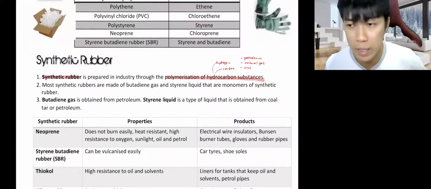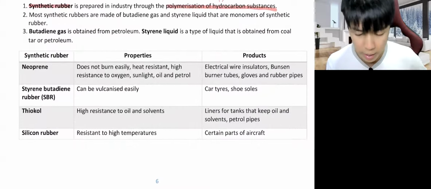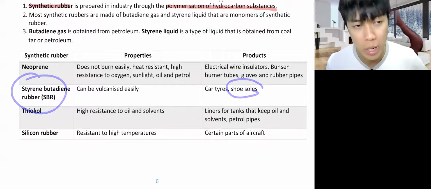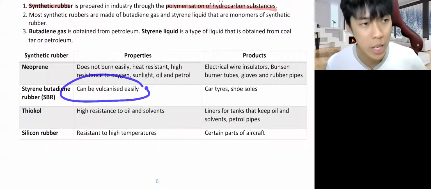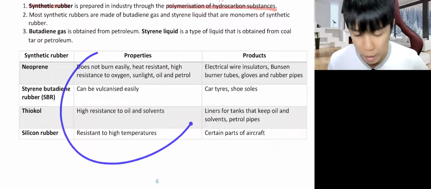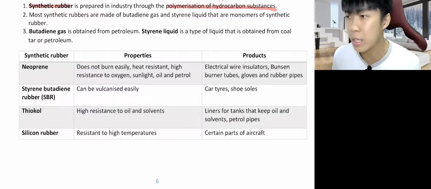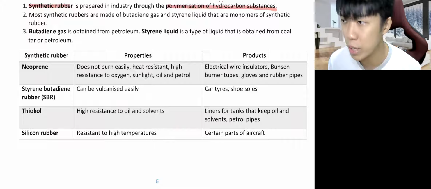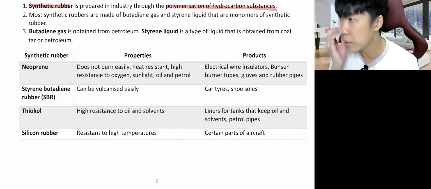Synthetic rubber, guys. Like shoe sole, it's under SPL, but anyway, what are the characteristics? You could use this, can be vulcanized easily, or you can choose something else from this box. Doesn't matter, it works. Everything here works. Choose whichever two you like.